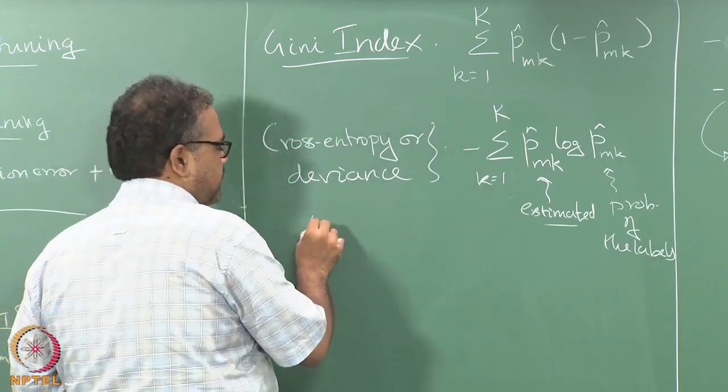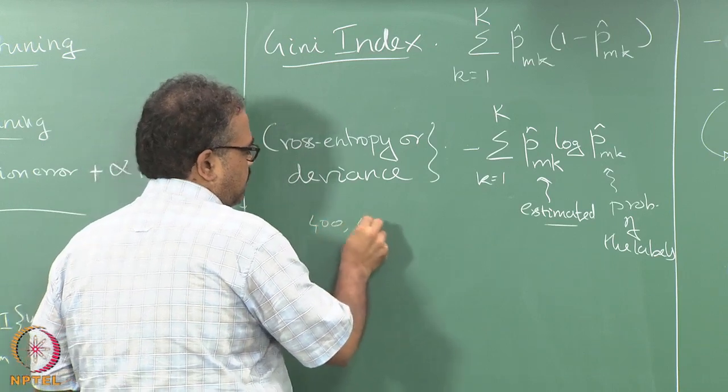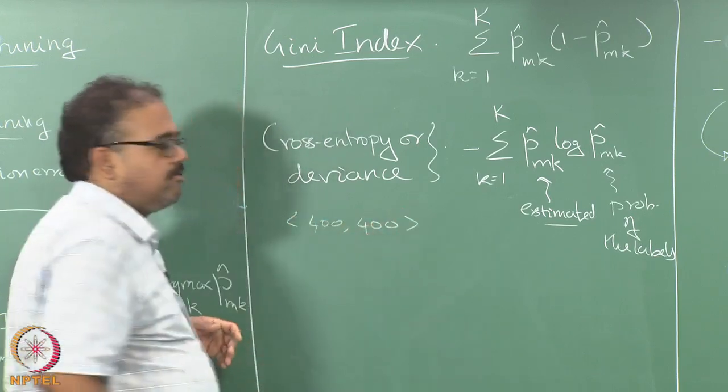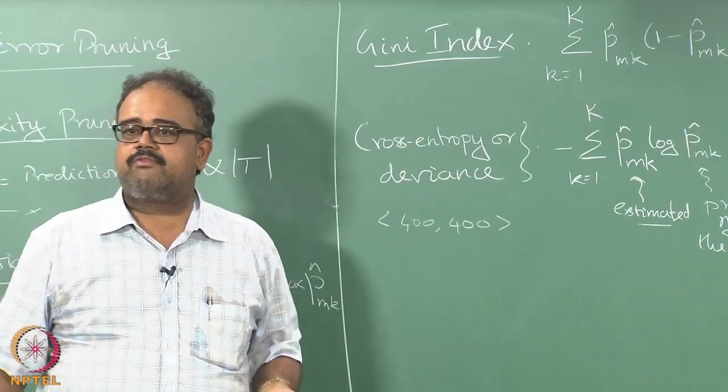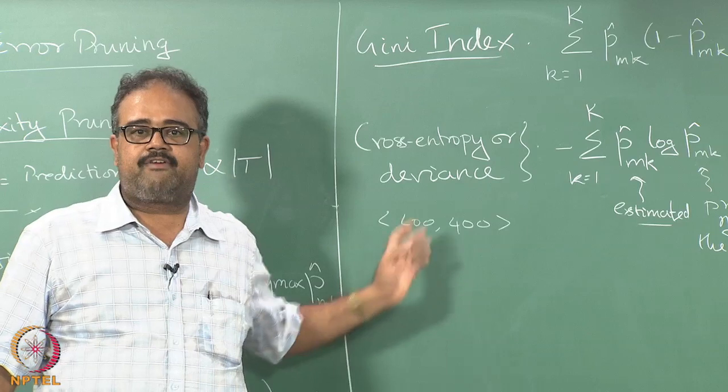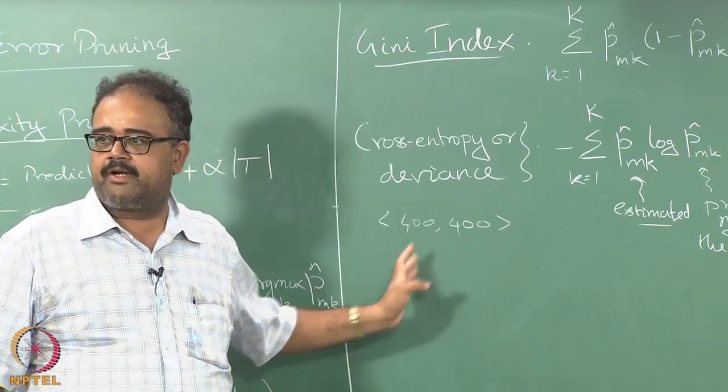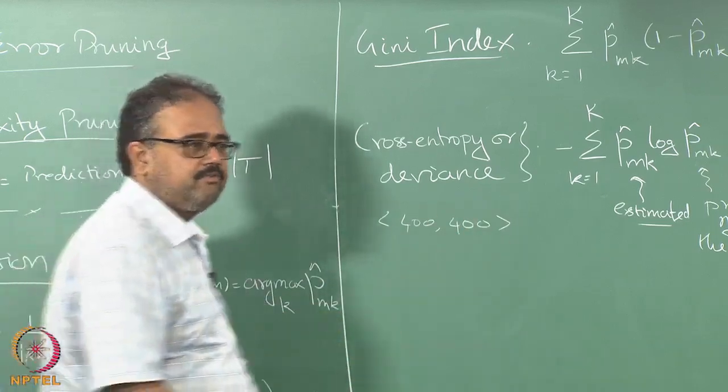So I have my data, so there are 400 data points of each class, okay, I will require some amount of bits to encode this, right, half, the entropy is, I mean the probability is half and half, I will need some amount of bits to encode this.